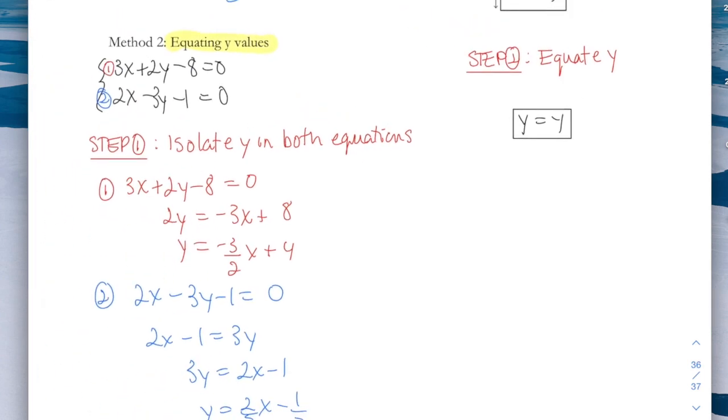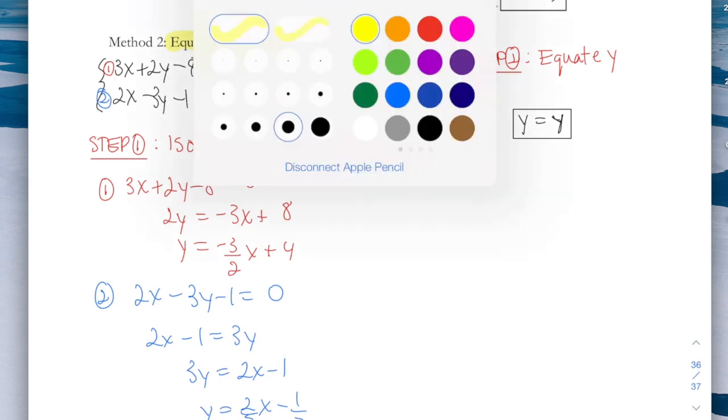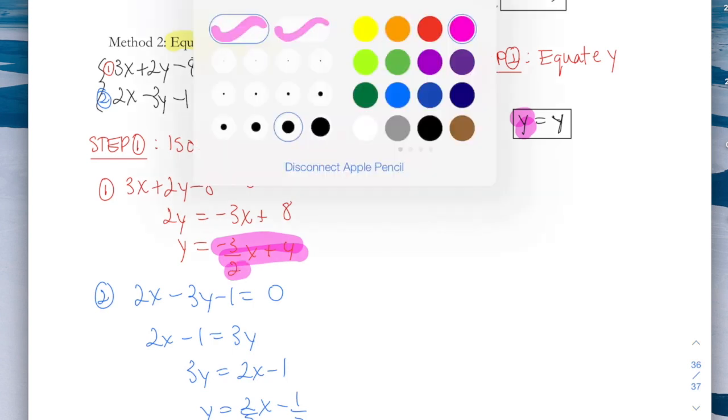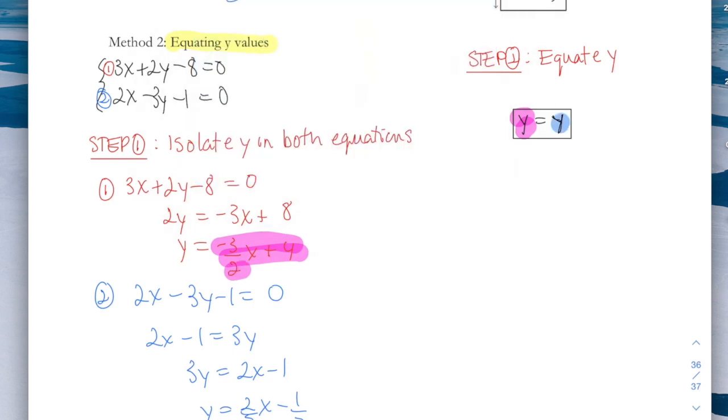So what I need to do next is substitute something in for y, but I'm going to do it in 2 different ways. For this y, I'm going to substitute in this equation, and for this y, I'm going to substitute in this equation. And when I do that, I will be able to solve for x.